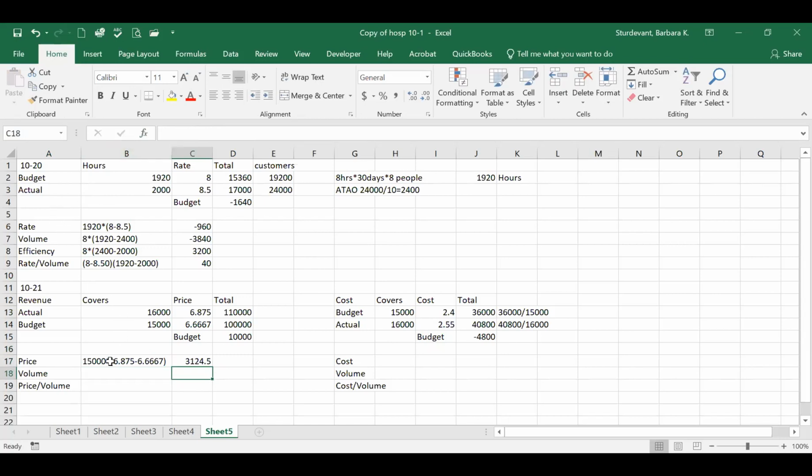We knew these were all going to be good. So volume variance. Now we're looking at the number of covers. Actual first, because this is a revenue.